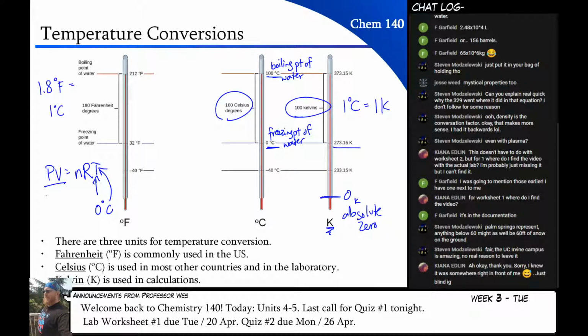And even worse, if I do this to solve for, say, R, and now I try to put 0 here, bad things happen, right? You can't divide by 0. So, working in Celsius with mathematics, our relationships that we derive fall apart. So we can't use Celsius when we're doing calculations. We have to use Kelvin. Okay, so Kelvin is used in calculations.